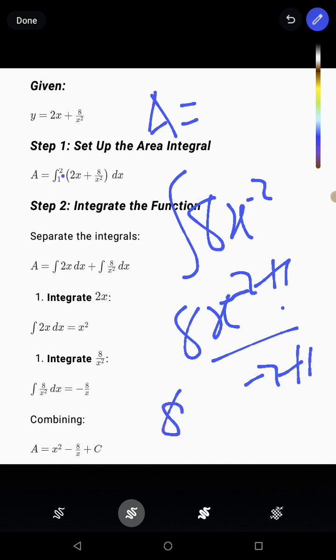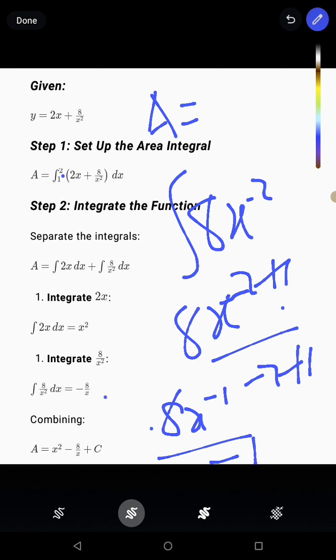So that will be 8 x raised power minus 1 over minus 1. Positive divided by negative is negative, so we have minus 8 times x raised power minus 1. By law of indices, x raised power minus 1 is the same as 1 over x. So that will be minus 8 times 1 over x, minus 8 over x. That's how we get this one here.